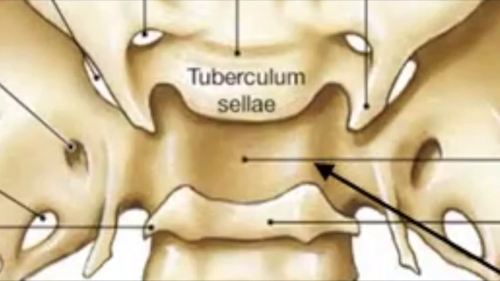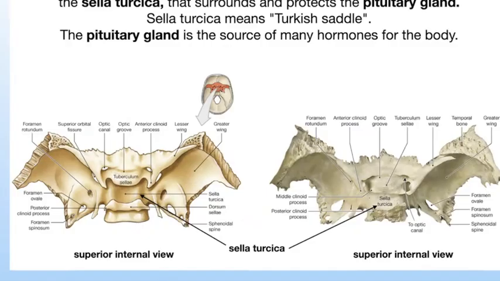Sella turcica means Turkish saddle. Like back when people rode horses a lot, there was a special kind of saddle that Turkish people produced and used. All right, why is it so important to protect the pituitary gland with this deep bony depression?